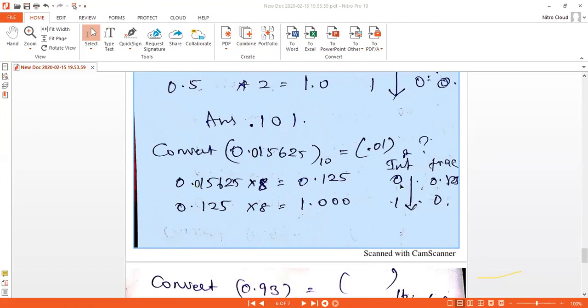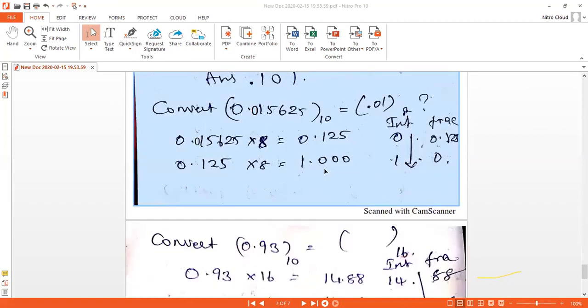So we have broken this 0.125 into two parts. The 0 is a whole number. 0.125 is a fraction number. That is what I have written here. But it's not clear. It is .125. This 0.125 is taken here. Again multiplied by 8. We don't take this answer itself. Clear? Okay, sir. Thank you, sir.